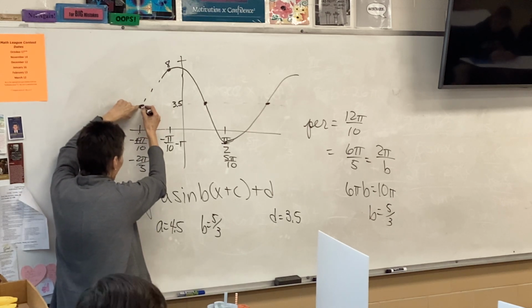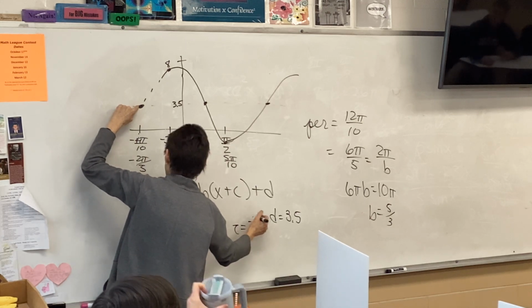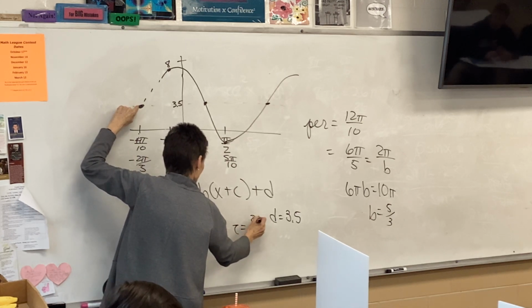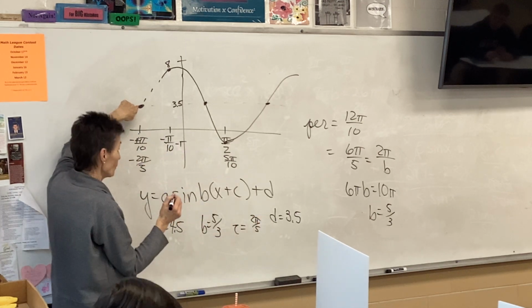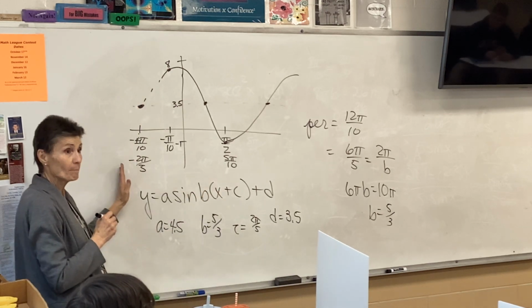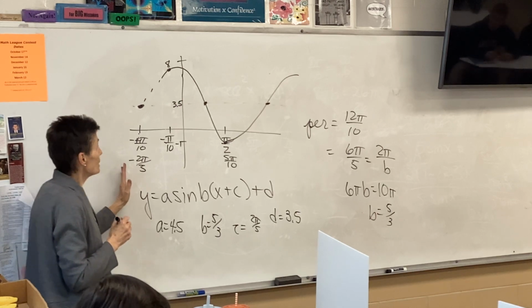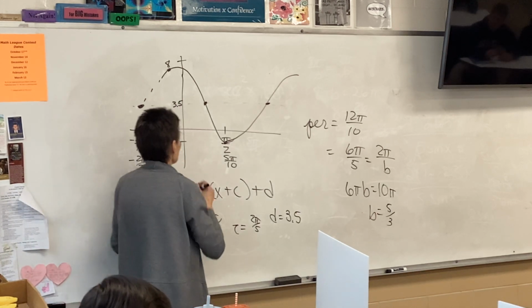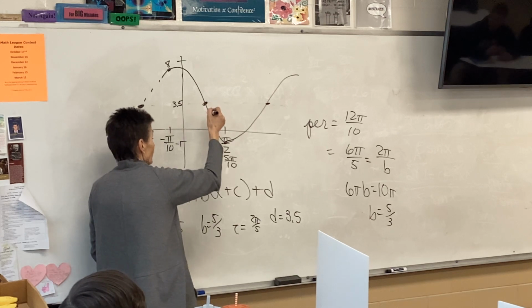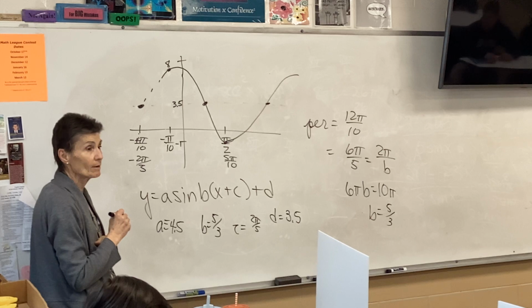So one option is for my C to be 2π/5. Notice it would be positive because I backed it up. Now, another option would be to start it here, and then it would have to be a negative A value if you started there.